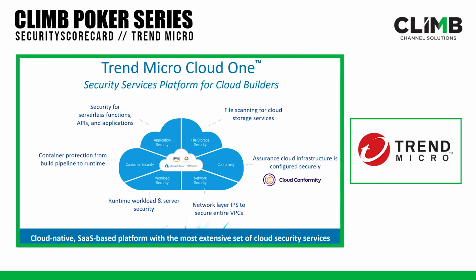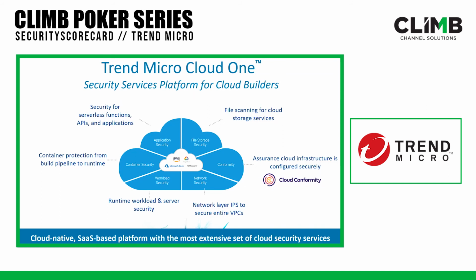Beyond the traditional, I'll call them, security activities, we also have Cloud One, which is a cloud native, SaaS-based platform that's exclusively for cloud environments. If you have somebody, and as many are, experimenting with the cloud right now, there really is a different set of tools needed to protect the cloud compared to protecting a traditional environment.